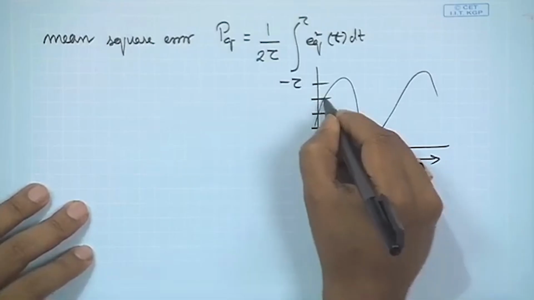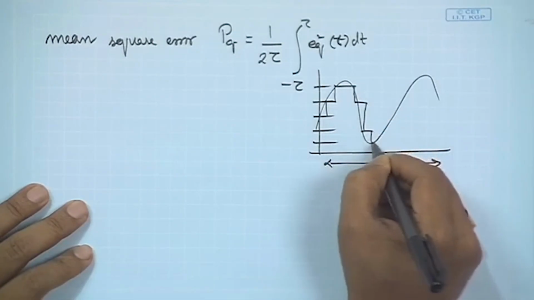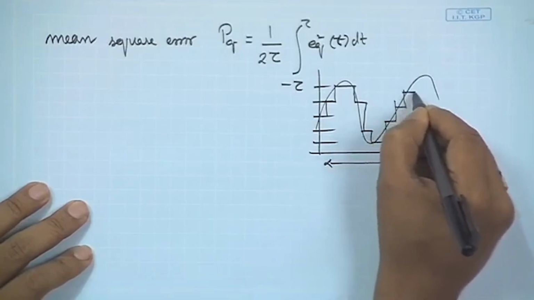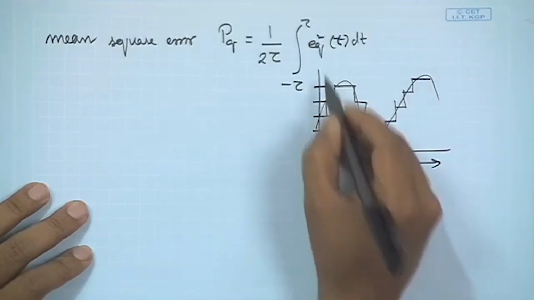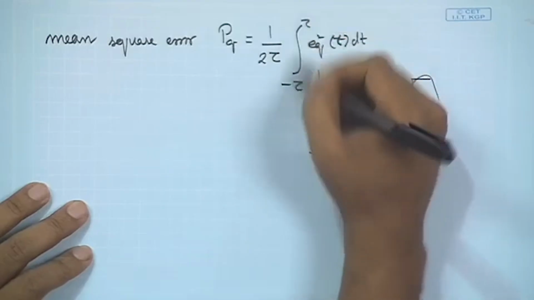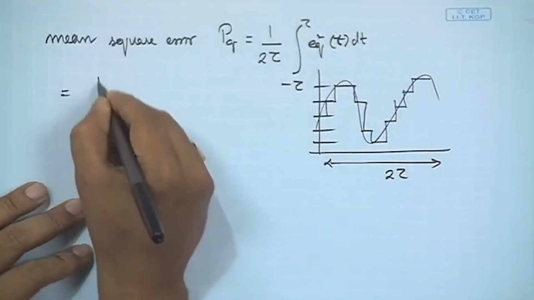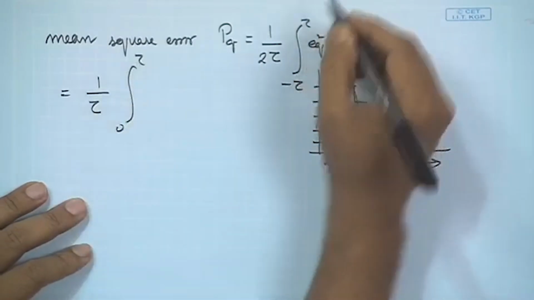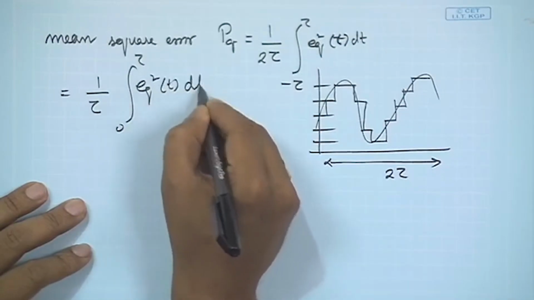So, this has been quantized in this form, let us say, and so on. Every time there is an error, you are squaring that value and then integrating over this interval. What you get as a result is 1 over tau integral 0 to tau, because it is symmetric in both directions, of e_q squared of t dt.